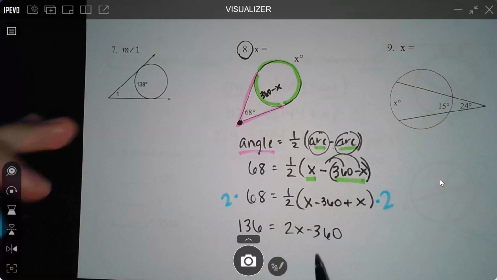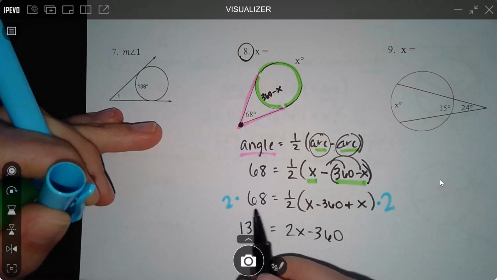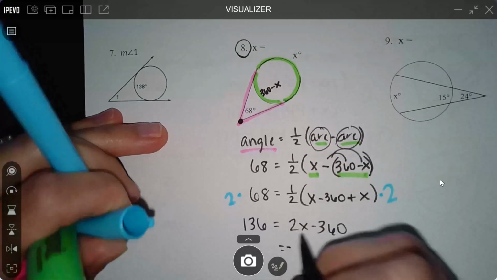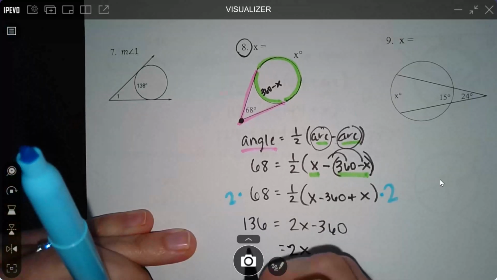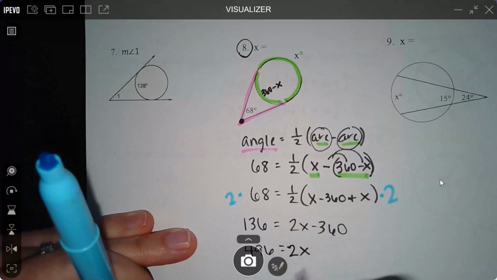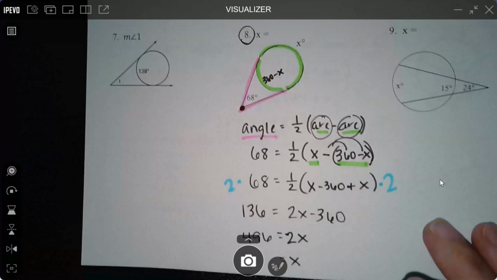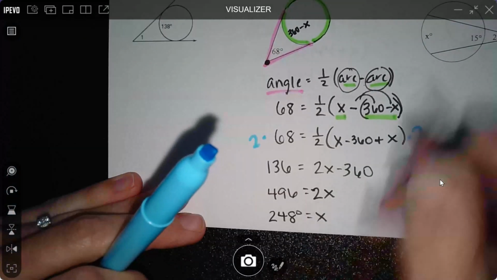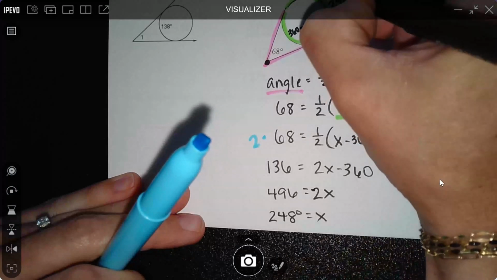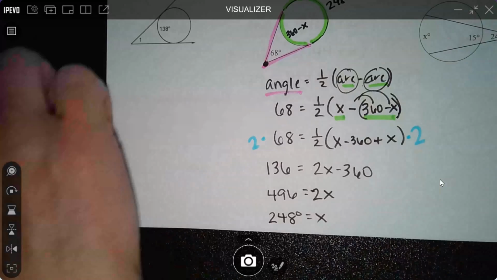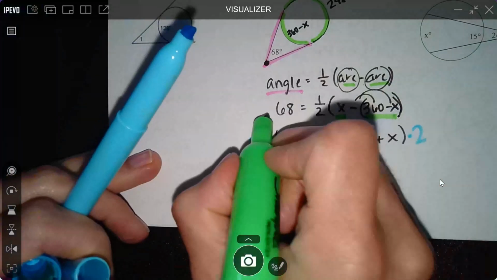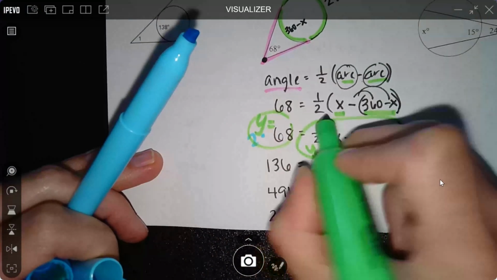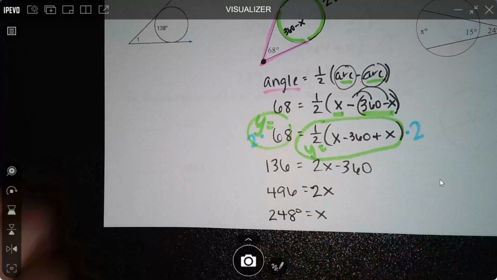Then add 360, so that would be 496. And then divide by 2, so 248. Or remember, you could go here and do y equals 68 and y equals that, and you should get it to cross at 248.